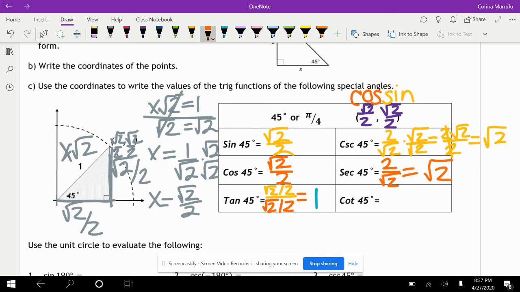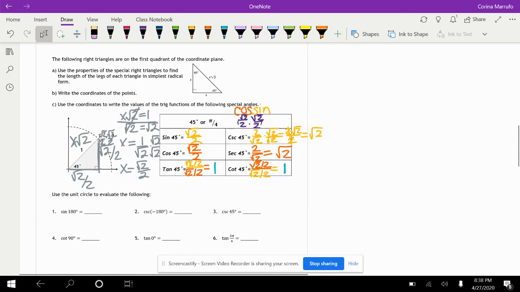Cotangent is the opposite of tangent, so we have to flip it around. So we take our x value, the square root of 2 over 2, and we divide it by our y value, which is the exact same thing, the square root of 2 over 2. And so when you divide something by the same thing, it gives you 1.